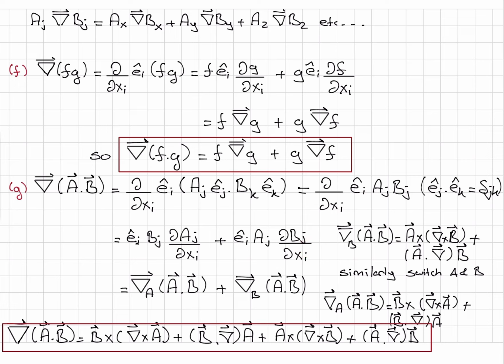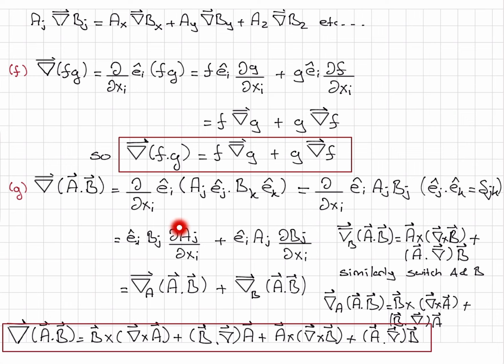And here I have ei hat del del xi applied to aj ej hat basically, and so I find that this is bj ej hat, so ej hat dot ej hat is 1, so you can think of it that way.